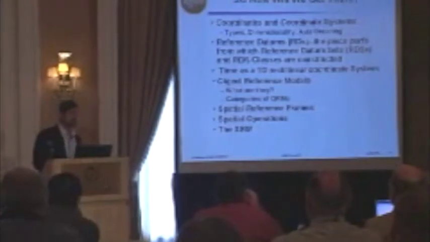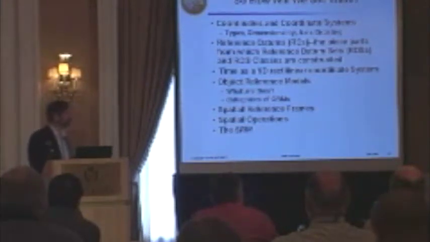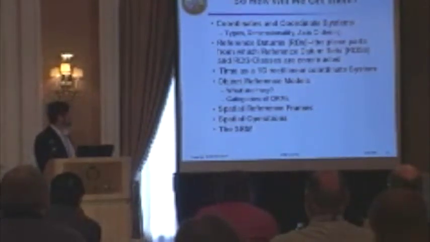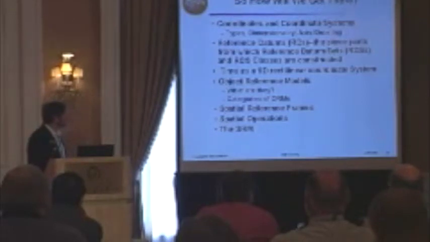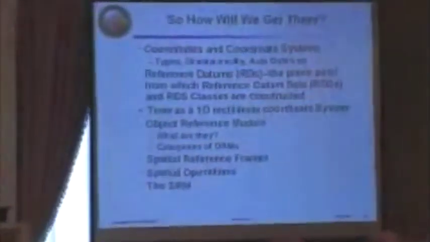And we also deal with types of coordinate systems because various categories of coordinate systems create problems that are similar and dealt with in a similar way. Reference datums are the parts that we use for reference datum sets and RDS classes, and we'll see in a little while why we need these things.